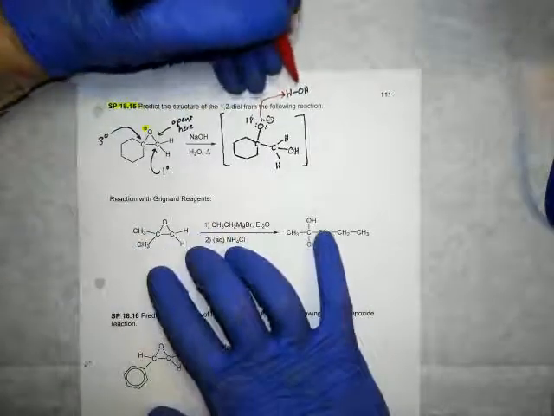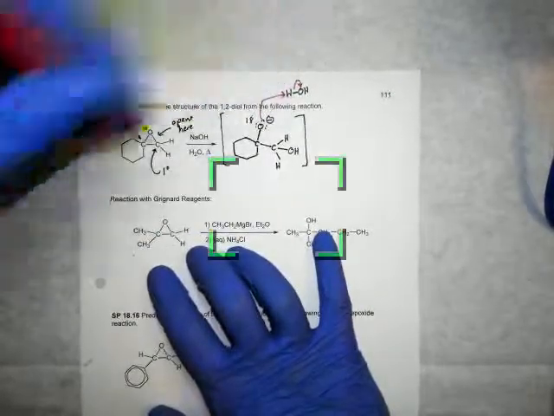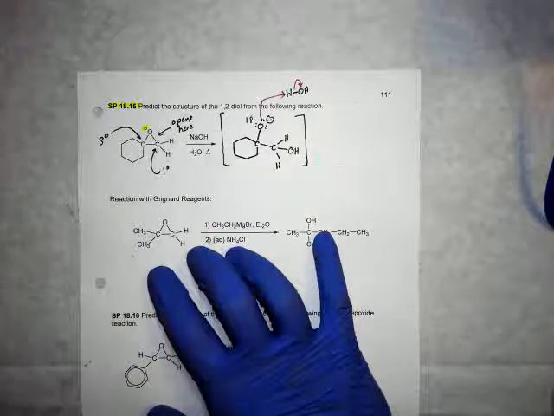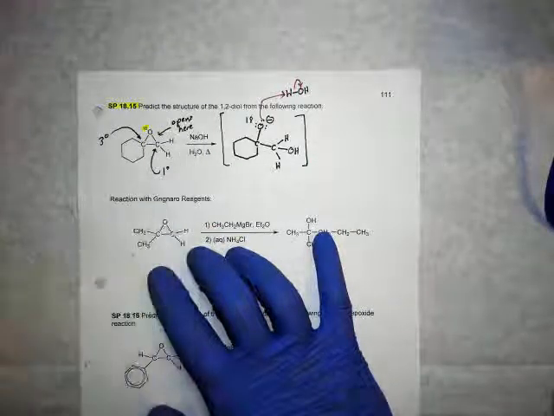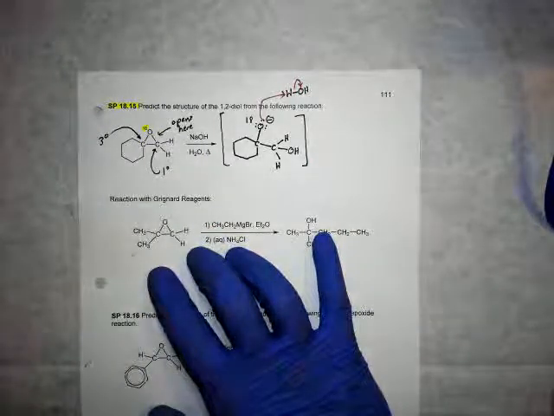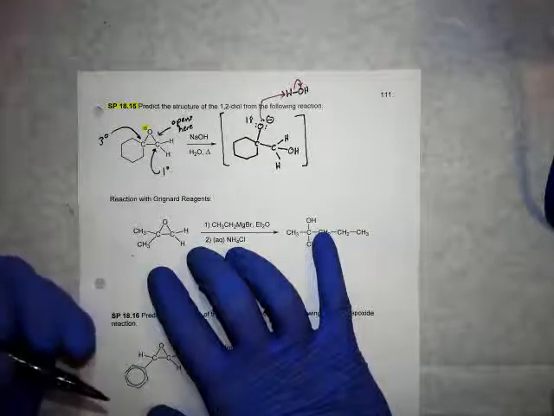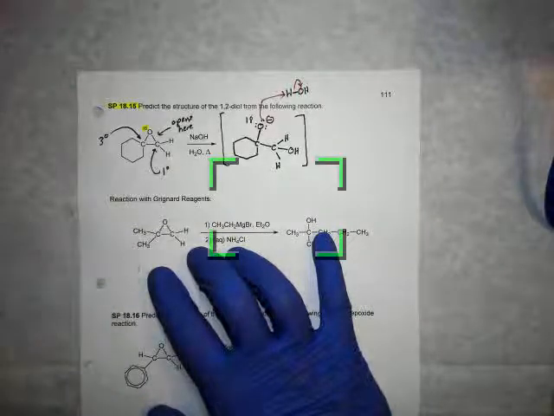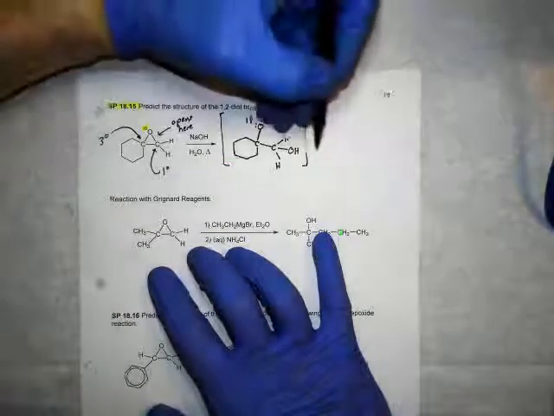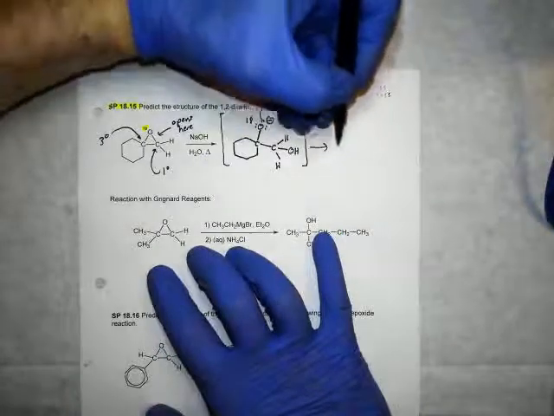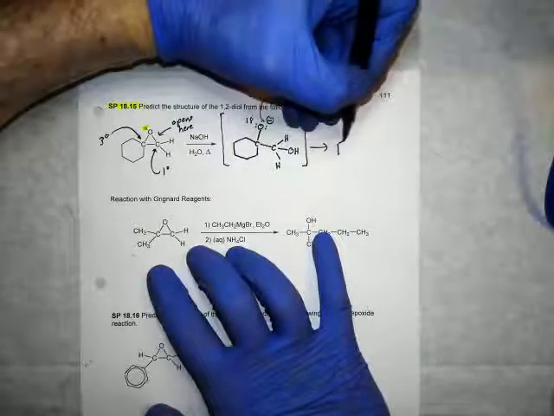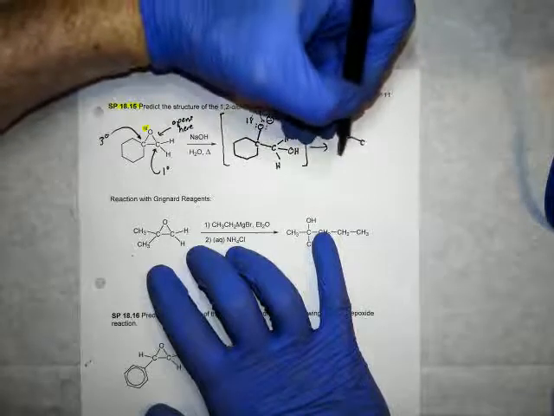You simply pick up a proton from water and get more hydroxide back. Nonetheless, this is stoichiometric: it takes a stoichiometric quantity of sodium hydroxide to carry out this reaction. So the final structure would look like this.